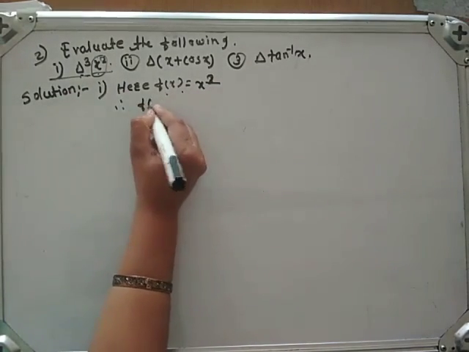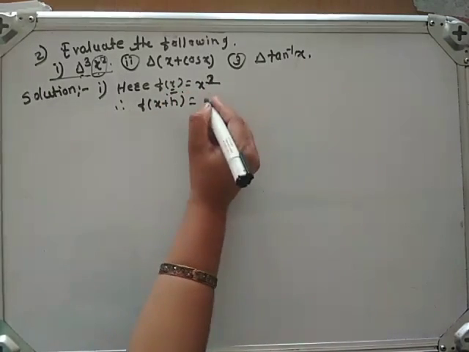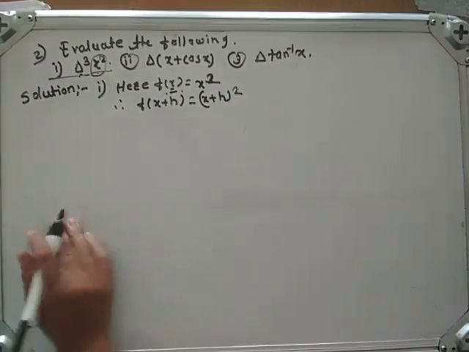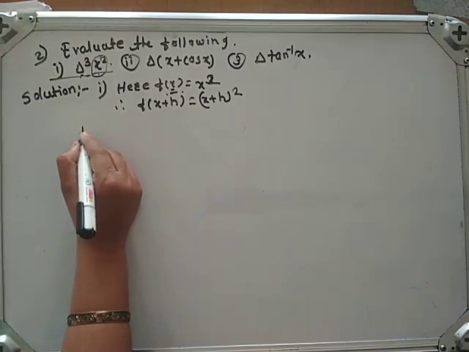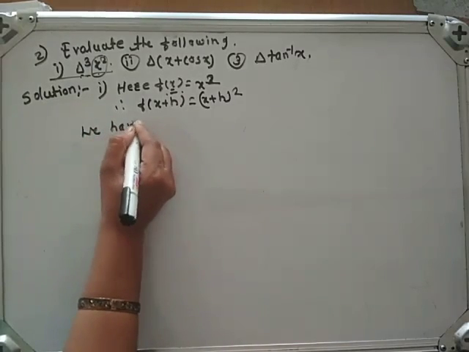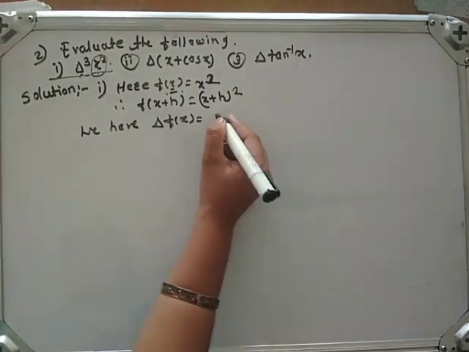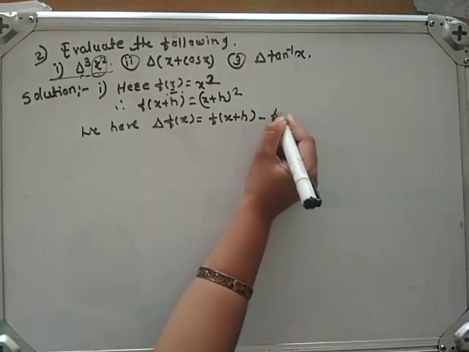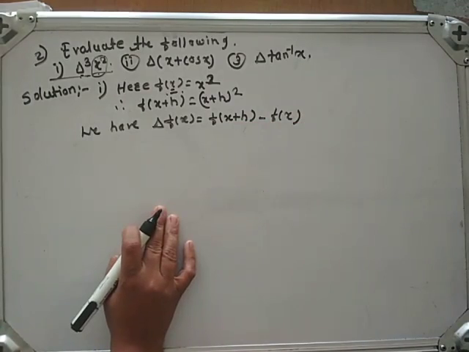Therefore, f of x plus h, replacing x by x plus h, we get x plus h square. Now we have a relation, delta of f of x is equals to f of x plus h minus f of x. We have already discussed the definition of delta.